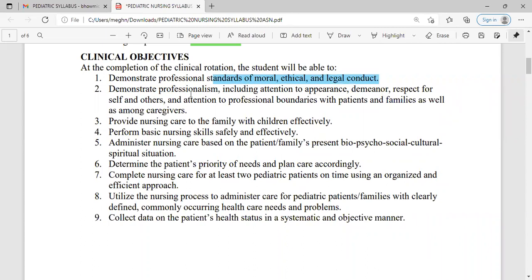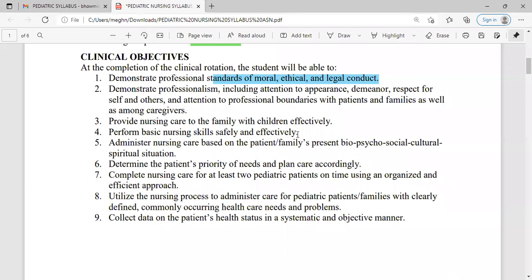Demonstrate professionalism, including attention to appearance, respect for self and others, attention to professional boundaries. Provide nursing care to the family with children. Perform basic nursing skills safely and effectively.